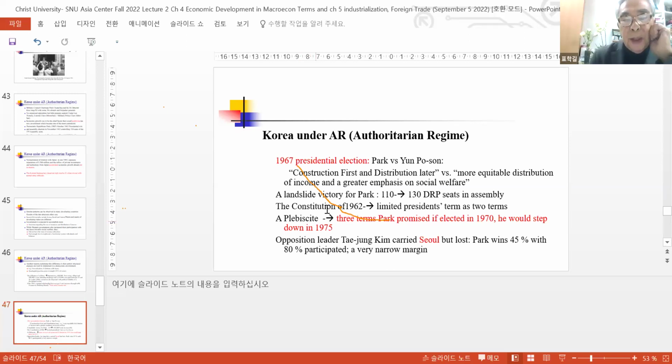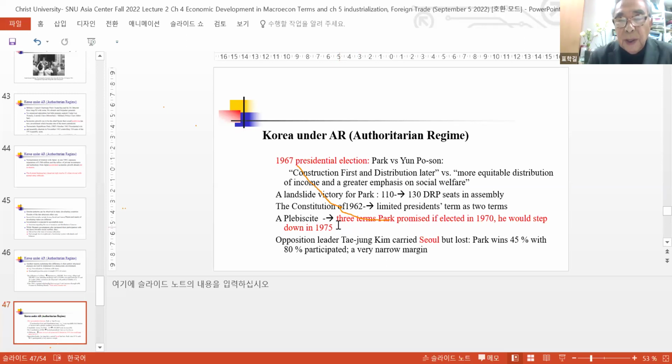So by national voting event, they changed it to 3 terms of presidentship, and Park promised if elected in 1970, he would step down in 1975. But the tragedy of President Park is that he didn't keep this promise. Even in 1975, he tried to postpone and lengthen his presidentship beyond 1975.